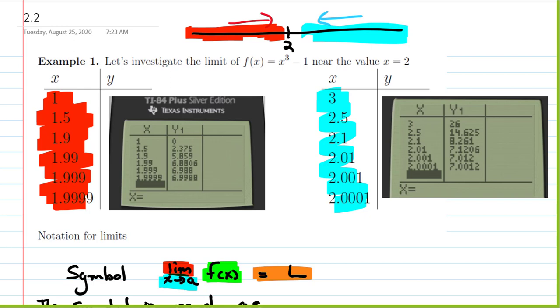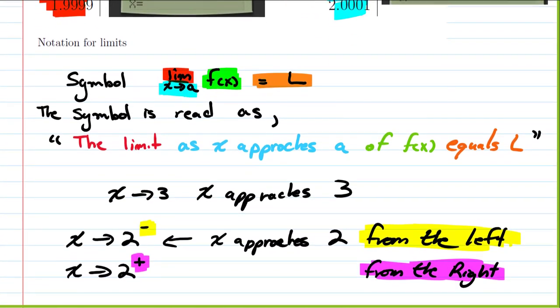Similarly, when you look at the blue part of the graph, we used 3, 2.5, 2.1, values of x that were bigger than 2, so we are approaching x equals 2 from the right. So those are our possibilities for notations for limits.